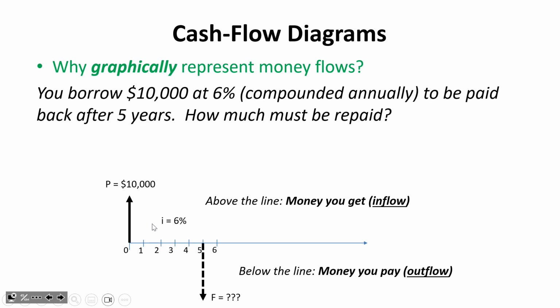An interest rate of 6% applies, and then the question is, how much money do you have to pay as a lump sum in year 5? So the way that I know it's an unknown is the fact that it's a dashed line, and then these question marks here also indicate that the future amount is an unknown. The arrow is down, so that's how much you're going to have to pay.